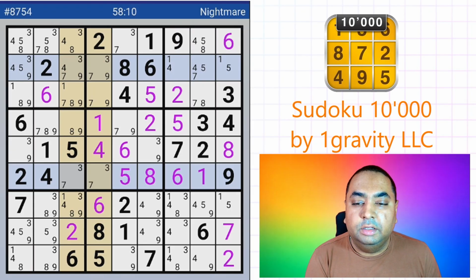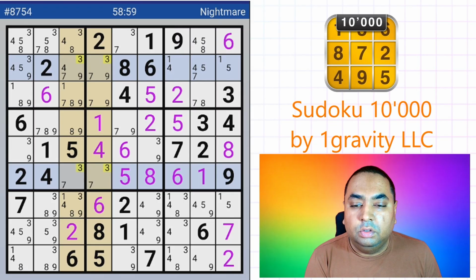Now again this is an X-wing for digit 3. So for digit 3, an X-wing is formed.